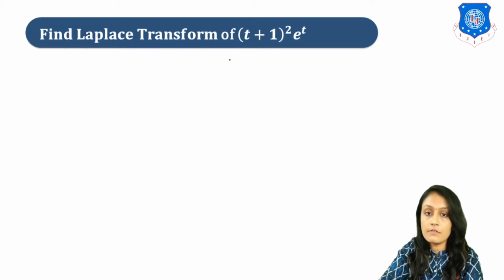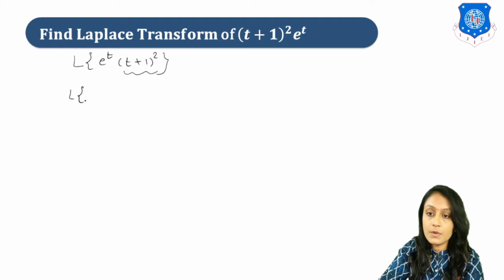Correct? Now let's solve one more example. Here we have to find the Laplace transform of e raised to t times (t plus 1) whole square. For that, firstly we will find the Laplace transform of (t plus 1) whole square. Just expand this, so we will get t square plus 2t plus 1.